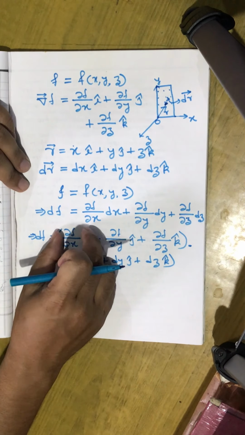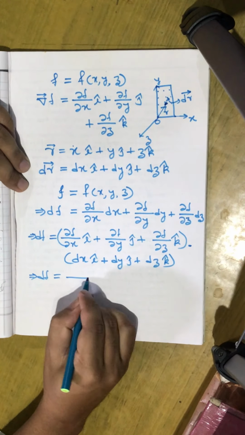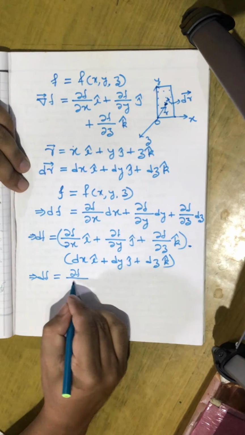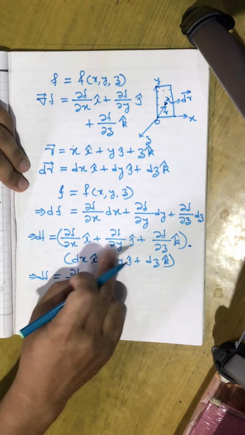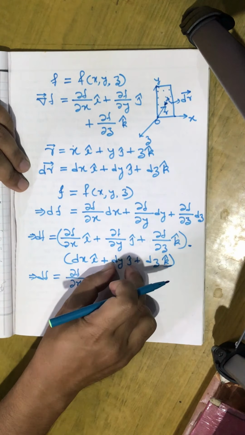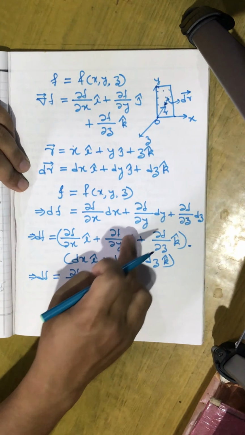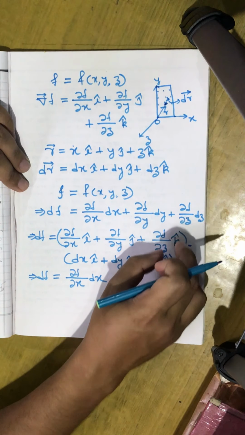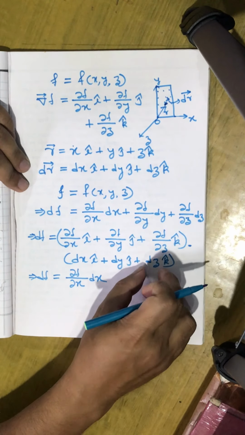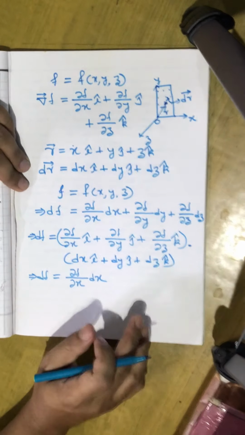So we have to consider only this term for the first product. So df is equal to del f by del x into dx. We get the first term, right? Similarly, if we take this with dy, it will give the second term, but the other two terms will be 0 because j dot i and j dot k will be equal to 0. Similarly, the dot product of this term with dz gives us the third term. The other two terms will be 0.